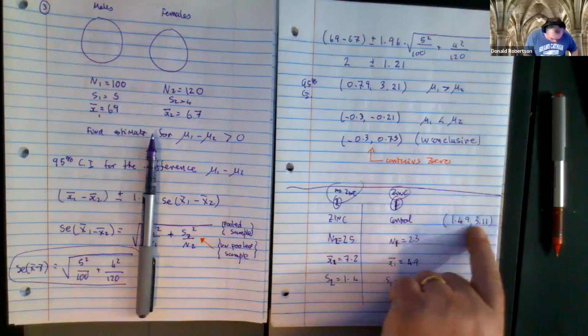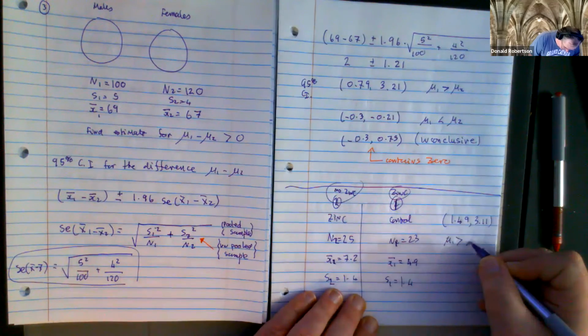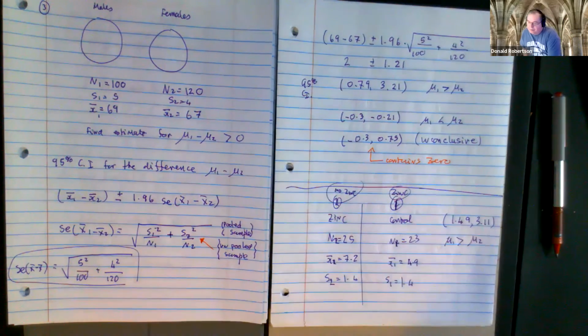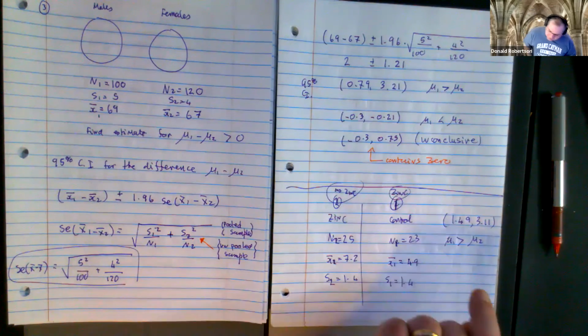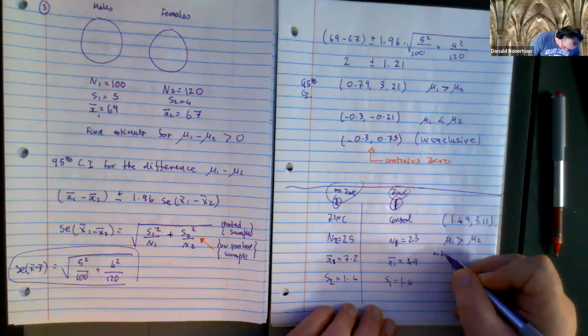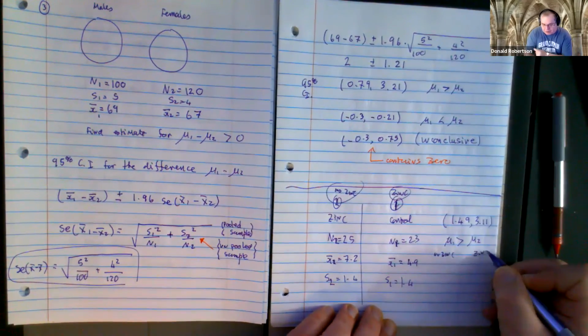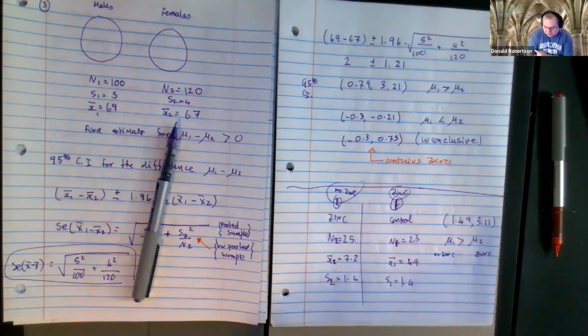Since these are all positive, doesn't that mean that this one is bigger than that one? Agreed? Now, mu1 are the people with no zinc, and these are the ones who did get zinc.